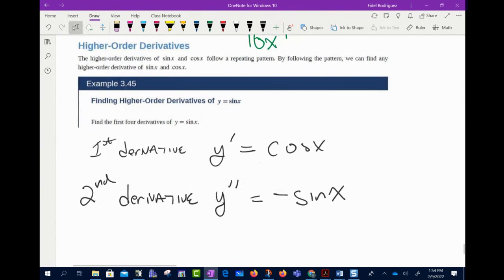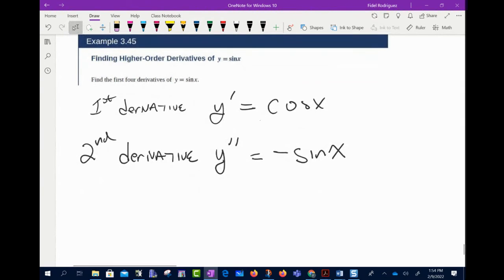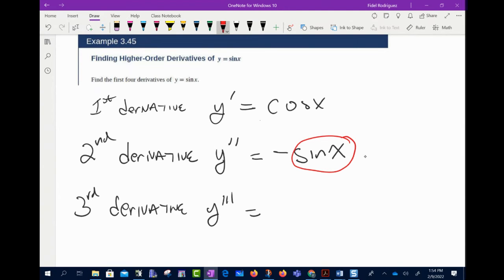Doing great so far. Now we're going to find the third derivative, because the directions tell me to find the first 4. What's the derivative of sine? Cosine. So isn't this going to be a negative cosine x, because I still had that negative there?